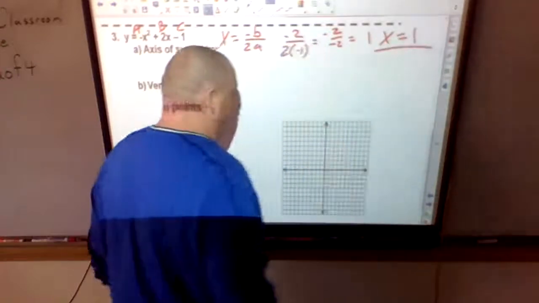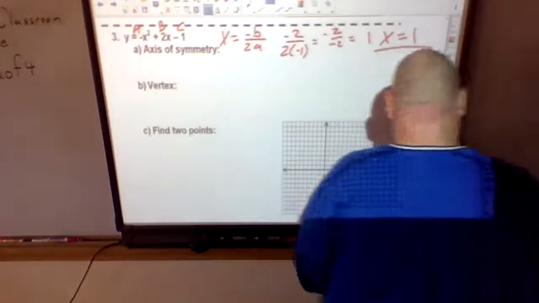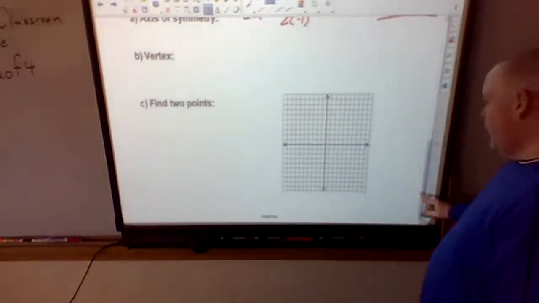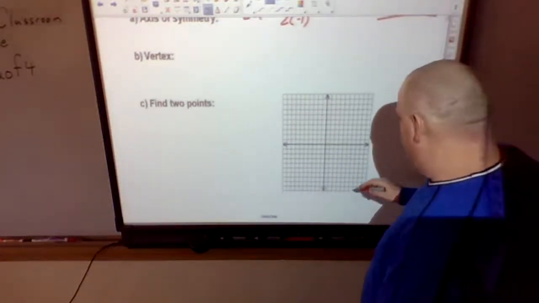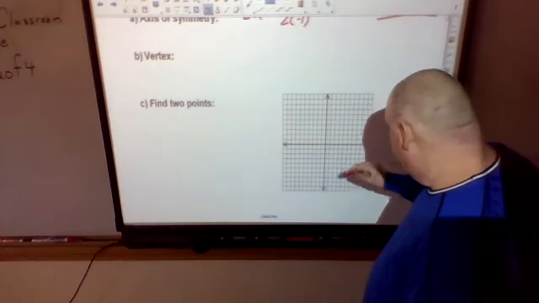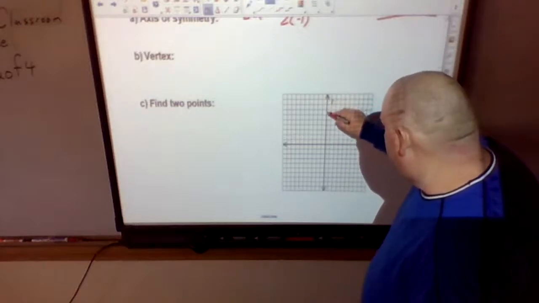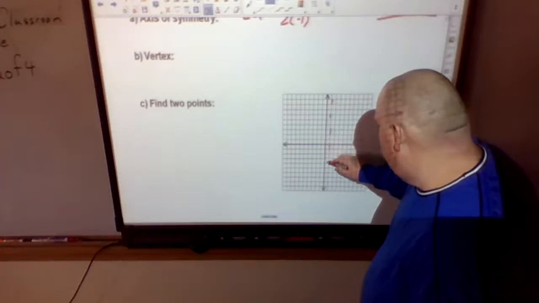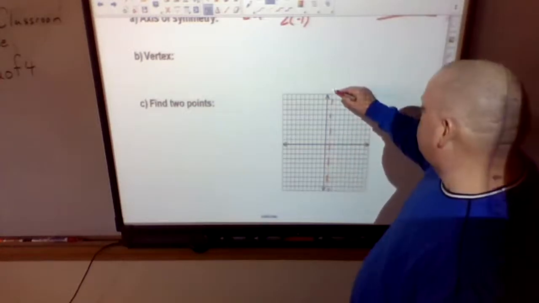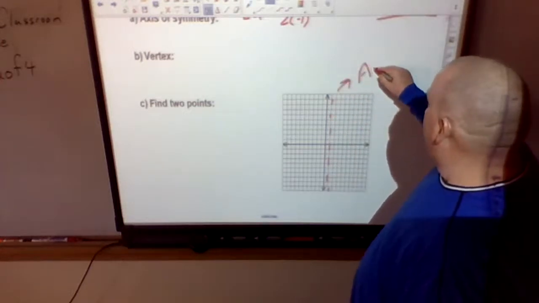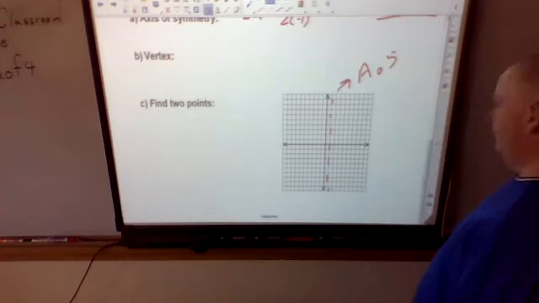So x equals 1 is going to be our axis of symmetry. Let's plot that. There's your axis of symmetry right there.